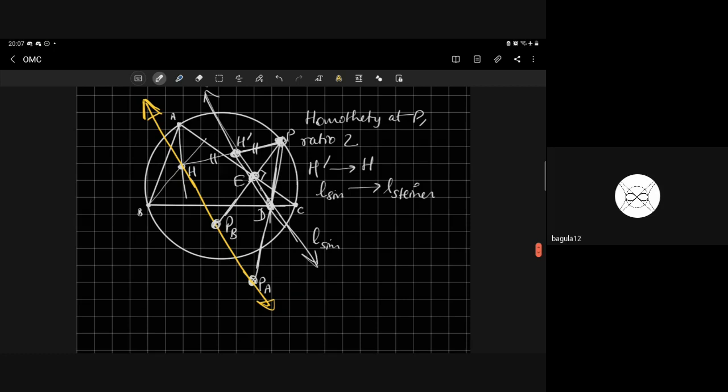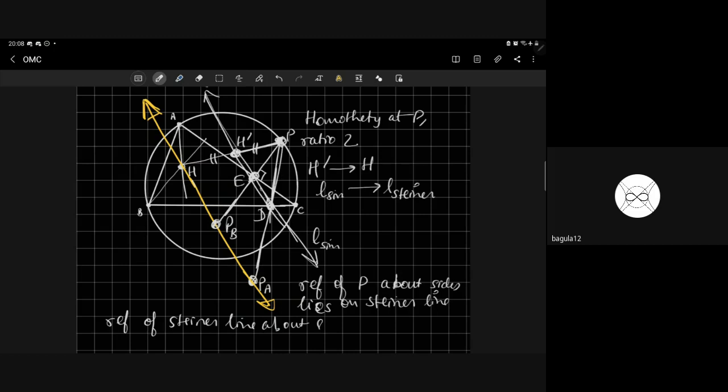So one thing to note is that the reflection of this Steiner line about any side passes through P. That's just the converse. The reflection of P about the sides lies on the Steiner line, and the reflection of the Steiner line about the sides passes through P. Does that make sense?